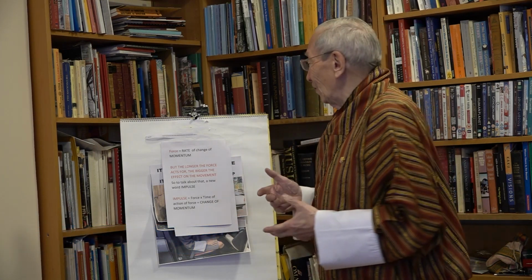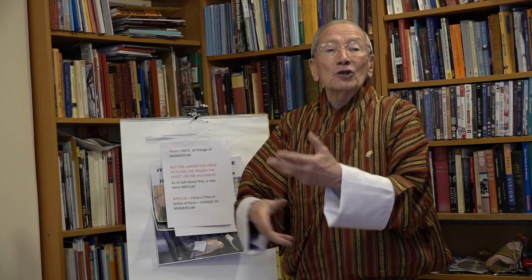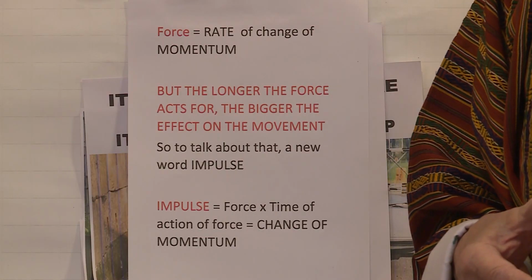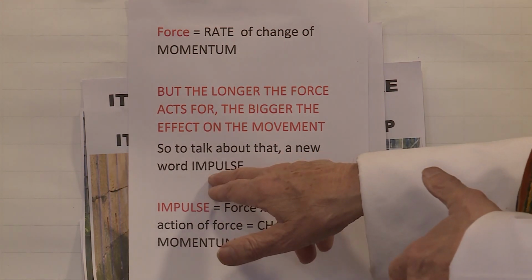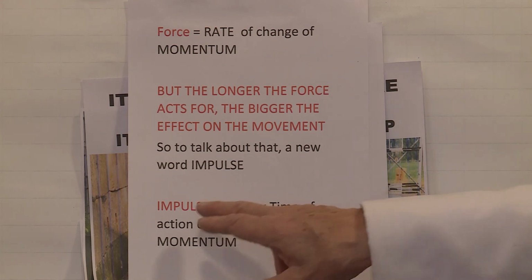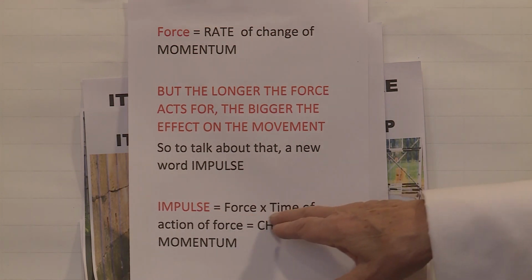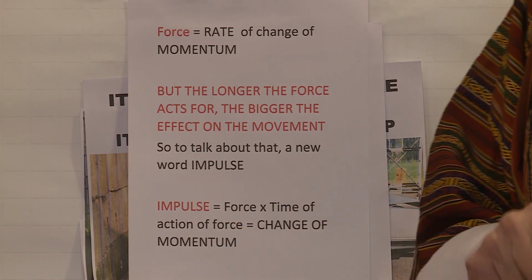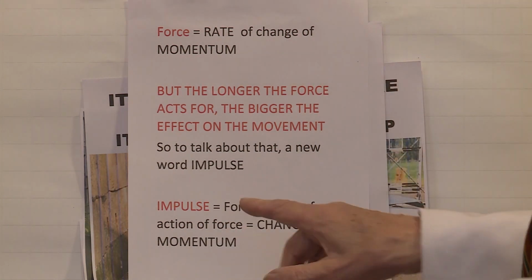The bigger the force, the more change in the movement of the object. So impulse is defined in physics mathematically. Impulse is the force multiplied by the time of action of the force. How long are you exerting the force for? And it equals the change in momentum.